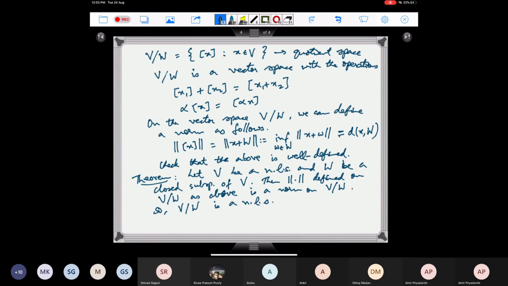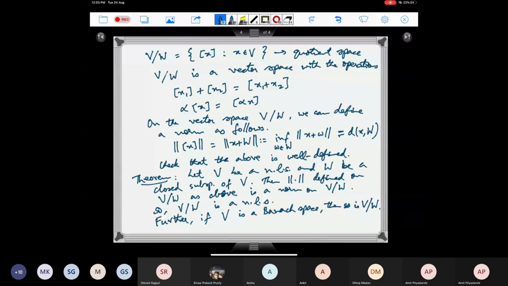And if V is a Banach space, then so is V mod W. So if you assume that V is a complete normed linear space, then the quotient space is also complete.